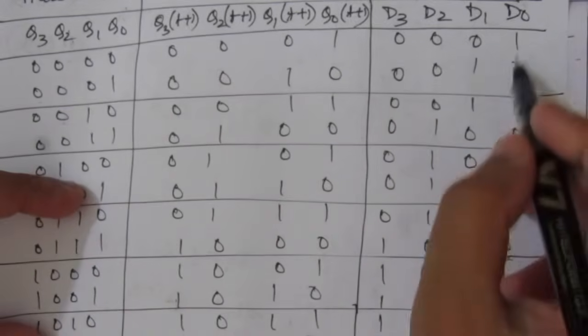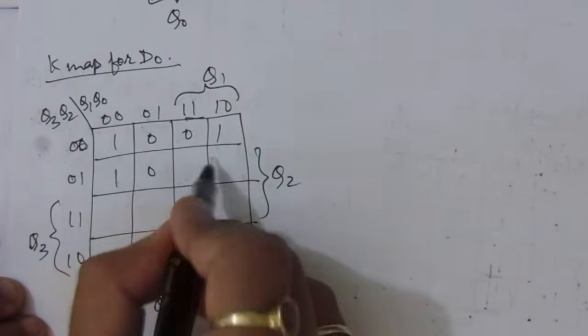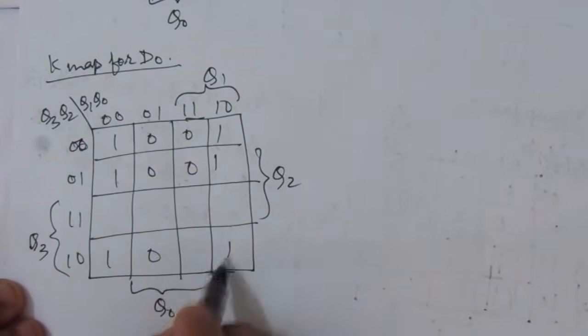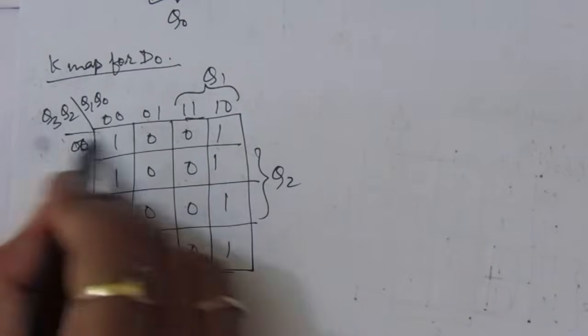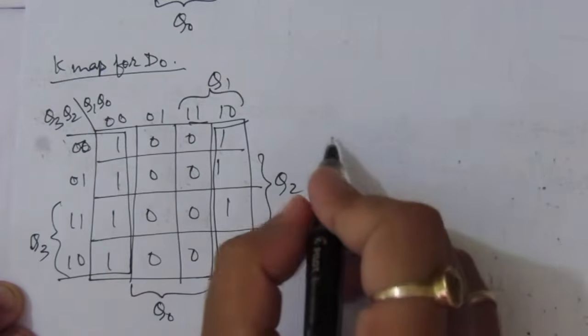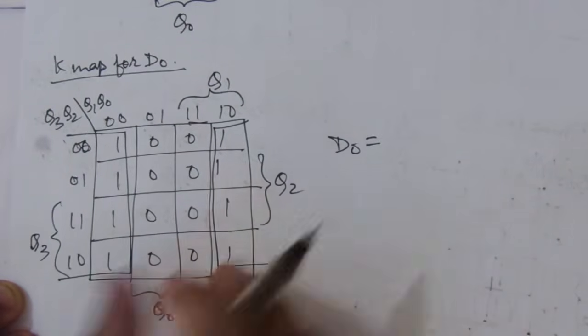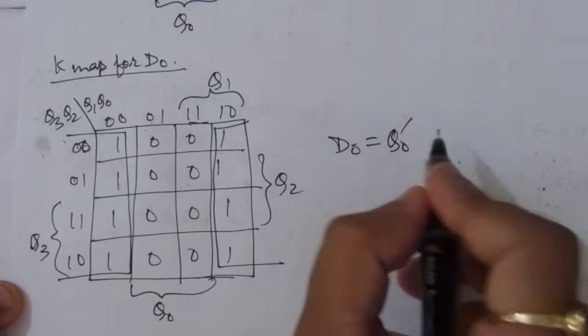Now let us put the values of d0. d0 is 1 0 1 0 1 0 1 0 and so on. So how we can combine? We'll have only one term, that is one combination. So d0 is equal to, from these two columns we'll get q0 complement.